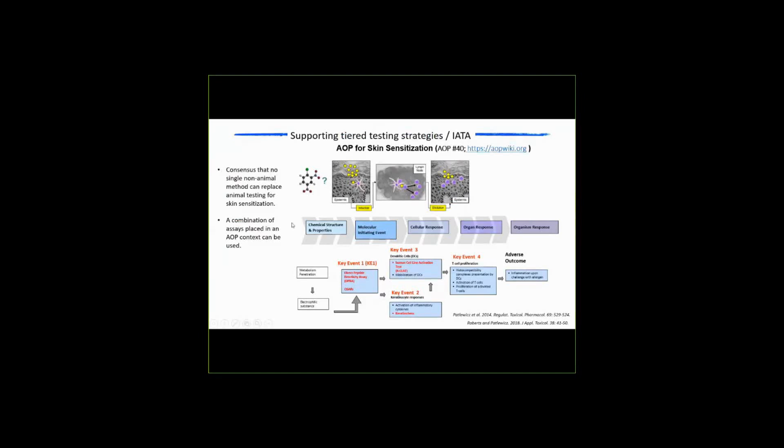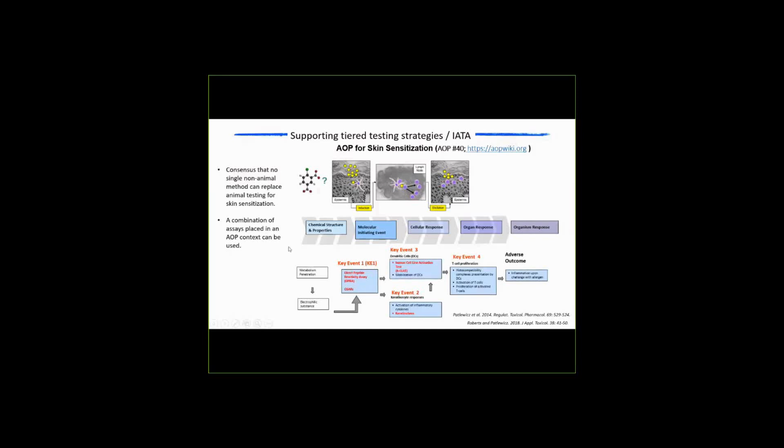And so instead, a combination of different assays that represented different key events along this adverse outcome pathway, all the way from direct interaction and reactivity with peptides that can be screened in a simple in vitro assay, to activation of dendritic cells or keratinocytes, and then furthermore looking at T cell proliferation.